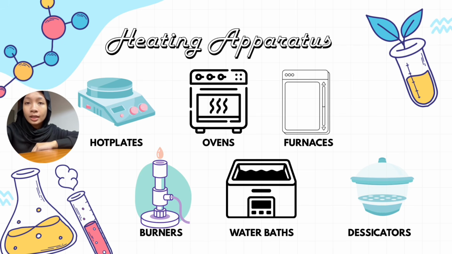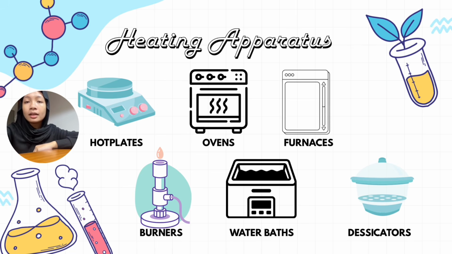Burner produces an open flame using gas. This is also used for direct heating and sterilization. Fifth is water bath. Water bath heats samples indirectly using hot water. It is also suitable for gentle and uniform heating.